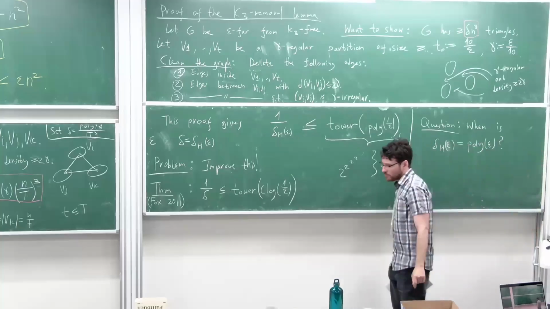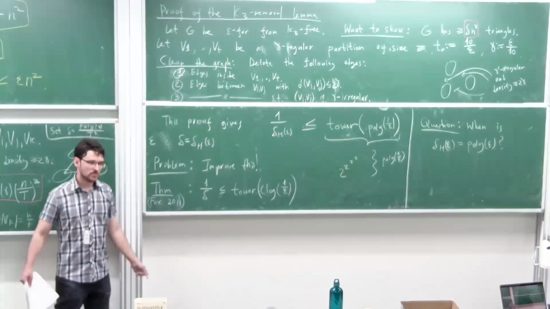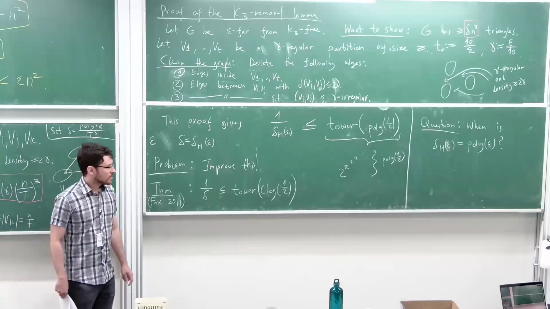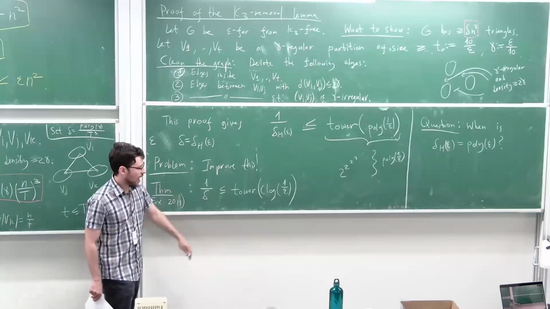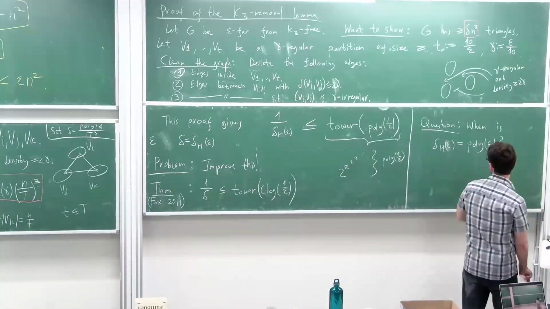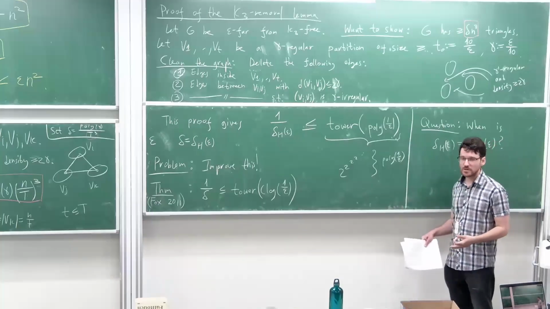How polynomial in epsilon is the best we can hope for? For which H can we actually get it? Even though we cannot improve this upper bound in general, we can answer this question. So we know for which H it is polynomial.